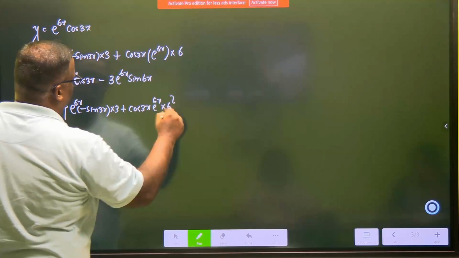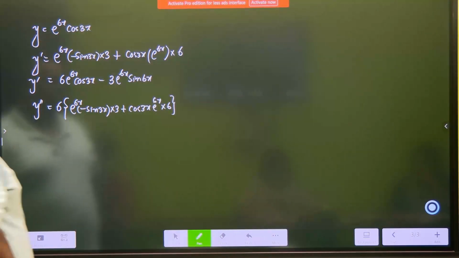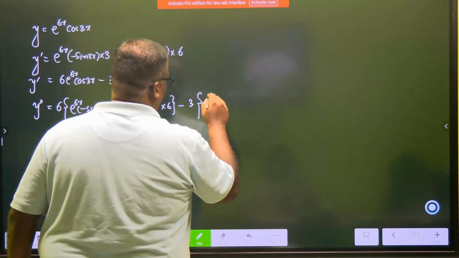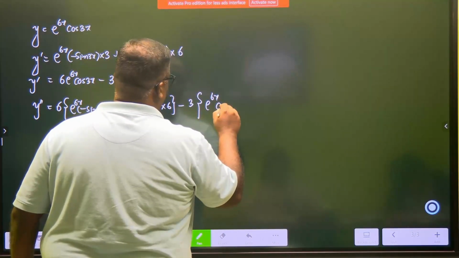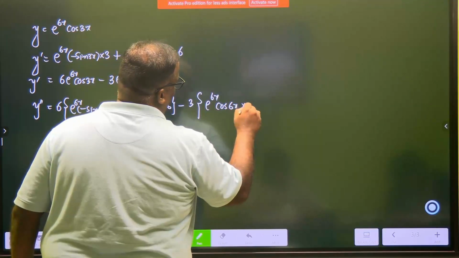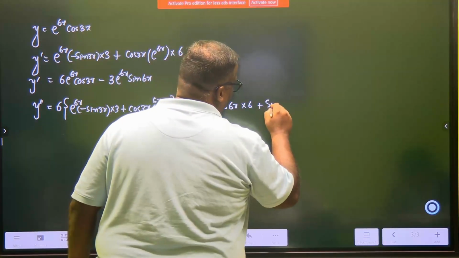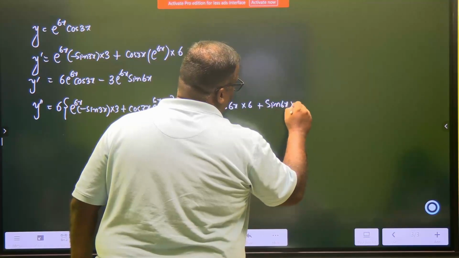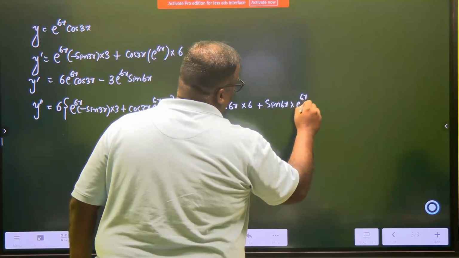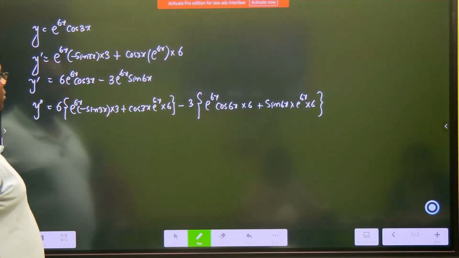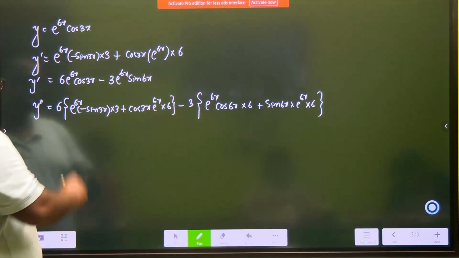This is the first part over, minus a 3 common for the second part, e to the power 6x cos 3x into 6 plus sine 3x e to the power 6x into a 6. Perfect.